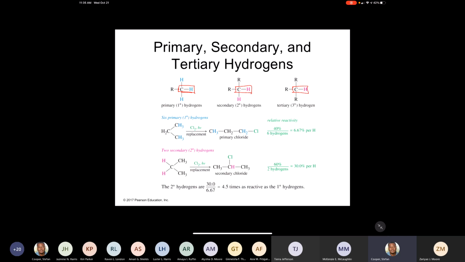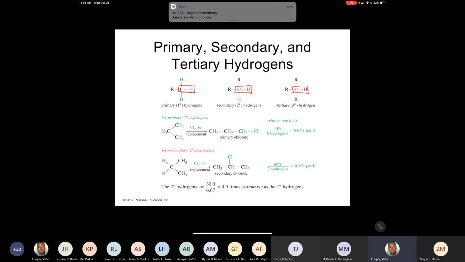I got 6 primary hydrogens on this substrate. They're all in blue, right? And if I look at the reactivity there, I get the 6% reactivity per H. And if I look at my secondary hydrogens, I only got 2 of those, right?